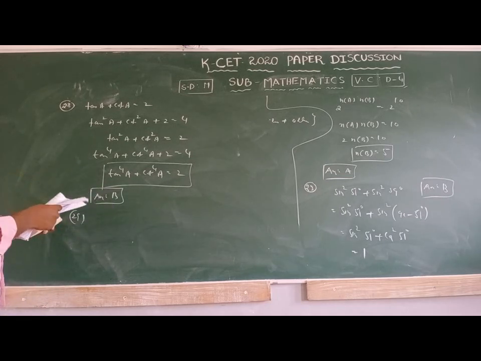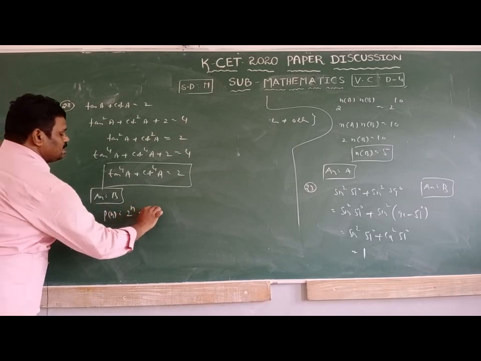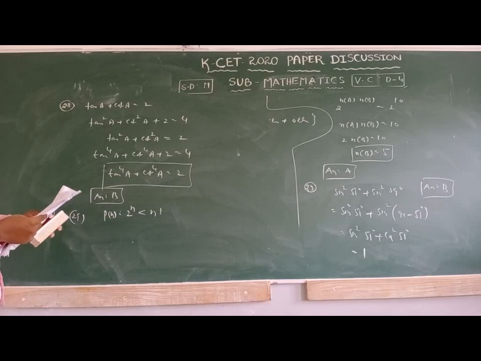Next, question 29, verification. One statement is given: 2 power n is less than n factorial, and we need the smallest possible integer for which p of n is true.